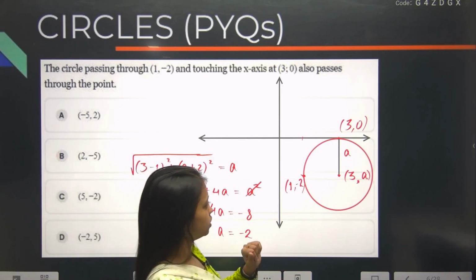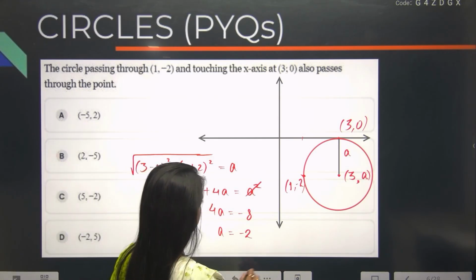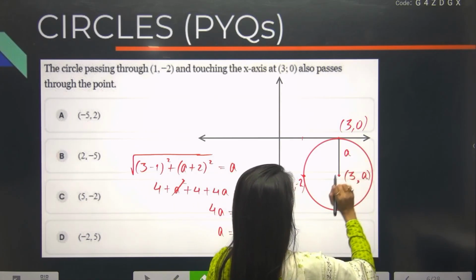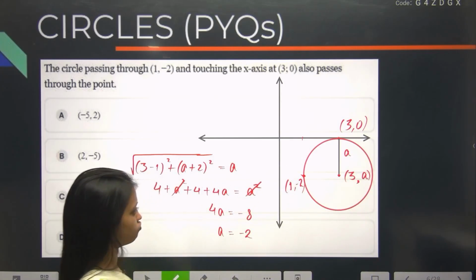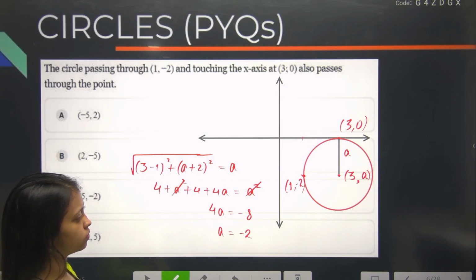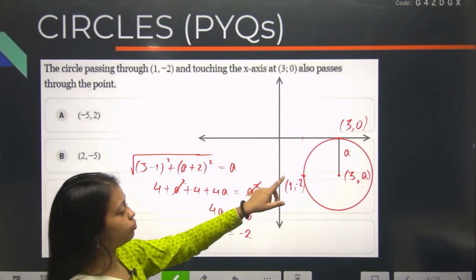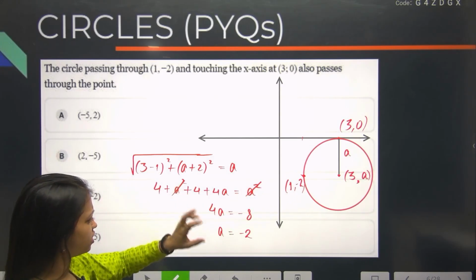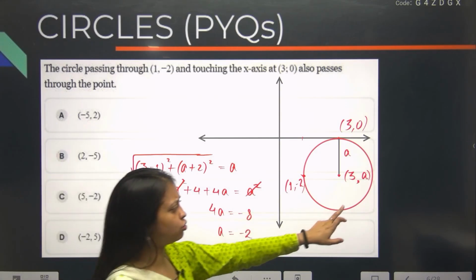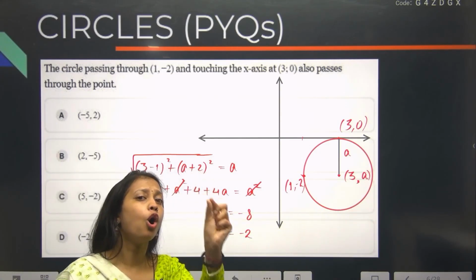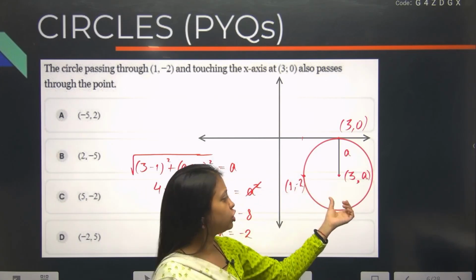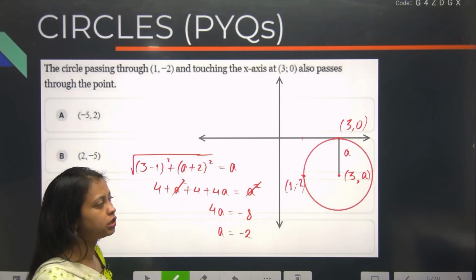I was calling it a, actually the distance should be the modulus of that, but it doesn't matter. My a value is minus 2, so I'm getting the ordinate of my center, right? 3 comma minus 2 is the center.